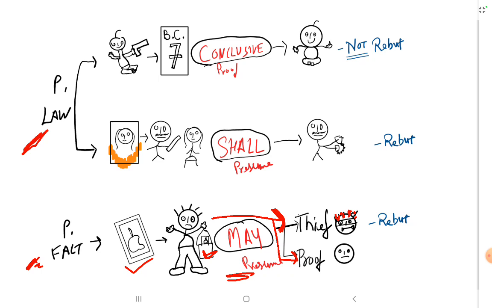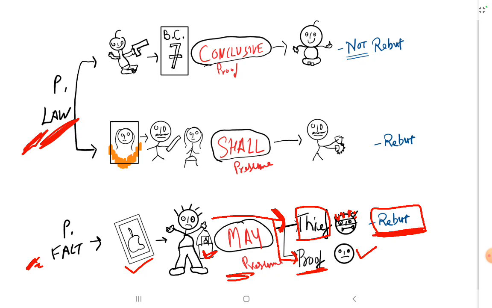So in that case, the court may presume you as a thief, or if you are a good student, the court will not presume you as a thief. It will call proof of it. So it will depend on the surrounding circumstances. If the court has presumed you as a thief, then you have the option to rebut it. You can provide evidence to disprove the presumption that the court has presumed.